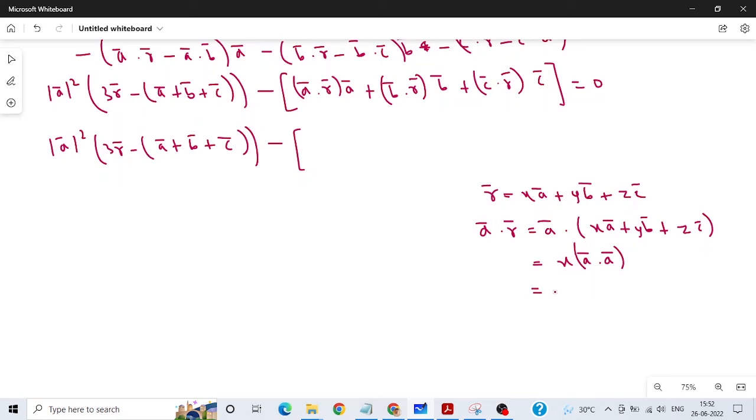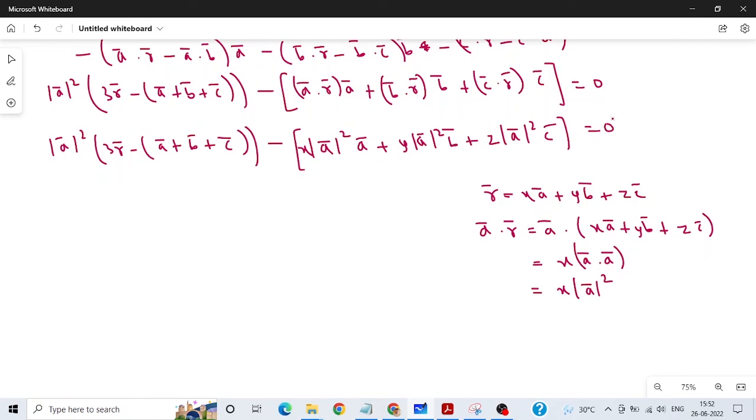So what is this? This is nothing but x times mod of a bar square. Similarly, plus we get y times mod of a bar square, then it's b bar, plus z times mod of a bar square c bar.